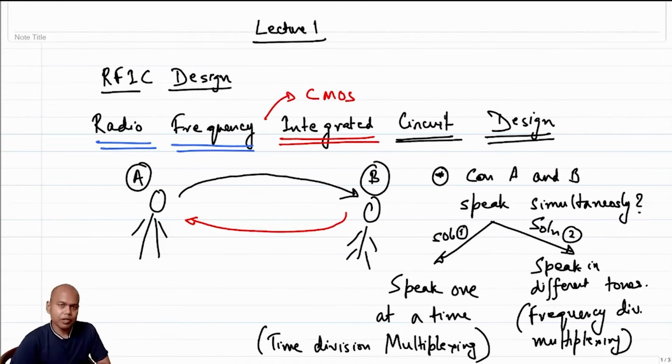But you should be able to appreciate that if we can distinguish one tone from another and have a mechanism of filtering out the desired tones from the others, then I should be able to tune into whatever B is saying, or B should be able to tune into whatever A is saying, while not concentrating on anything else that is being thrown at us.